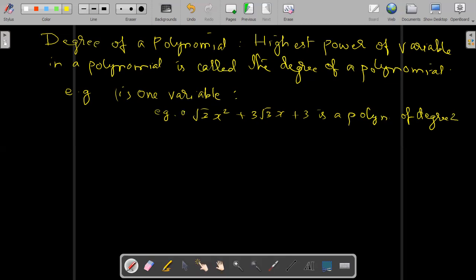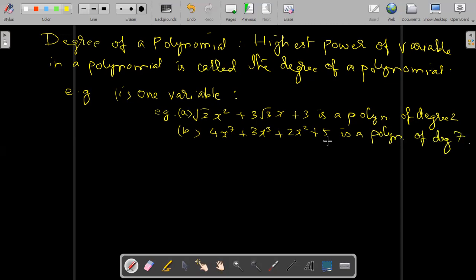Similarly, we can have more examples. Suppose you have written 4x raised to power 7 plus 3x cube plus 2x square plus 5. It is a polynomial of degree 7. So the degree of the polynomial is 7.